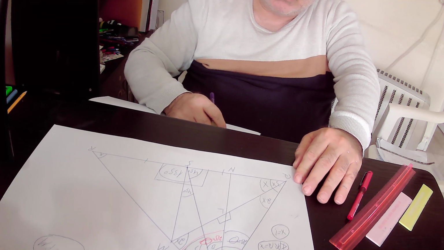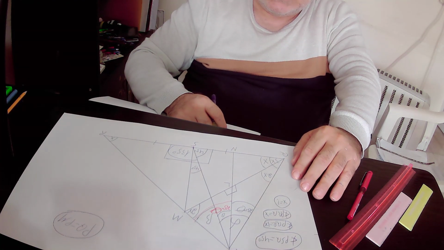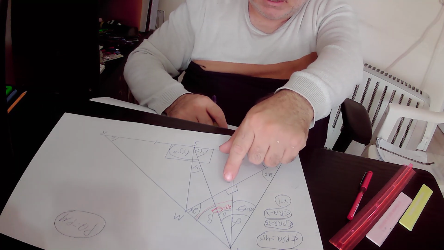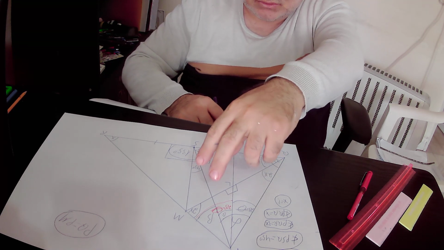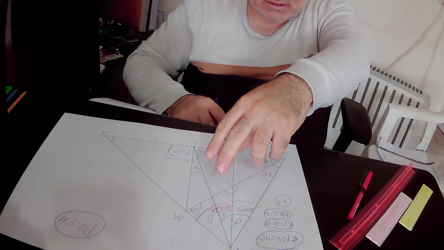Okay, so in the next step, we will prove the triangle PNS congruent to triangle PMS. I will draw those two triangles in a new page and we will prove that they are congruent to each other.